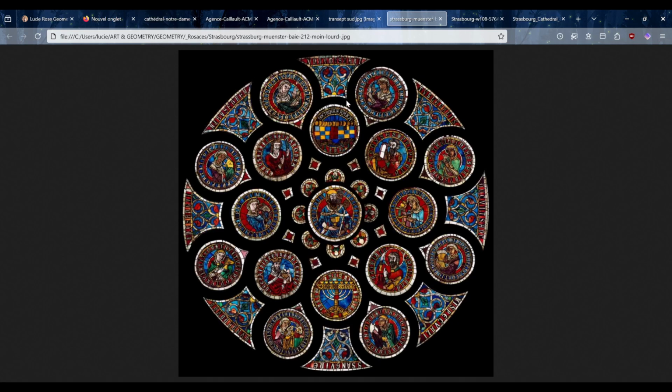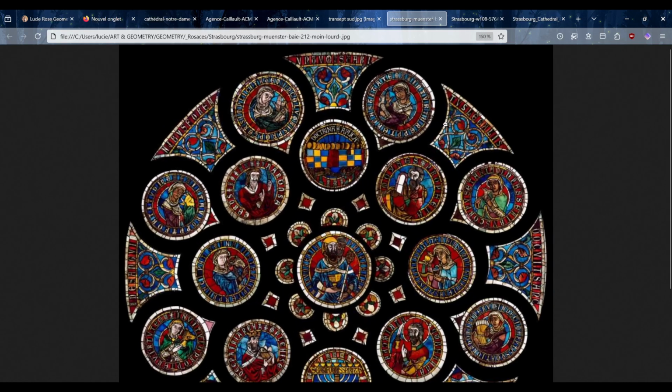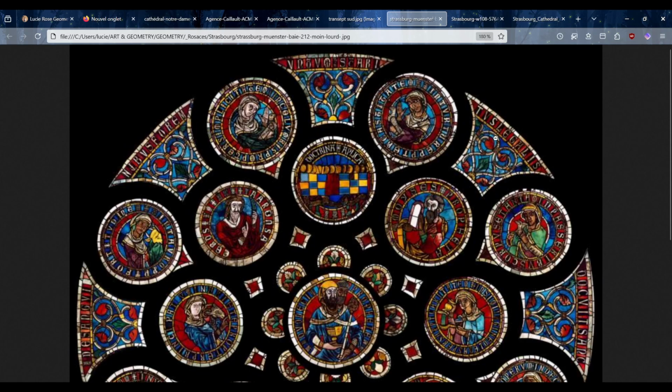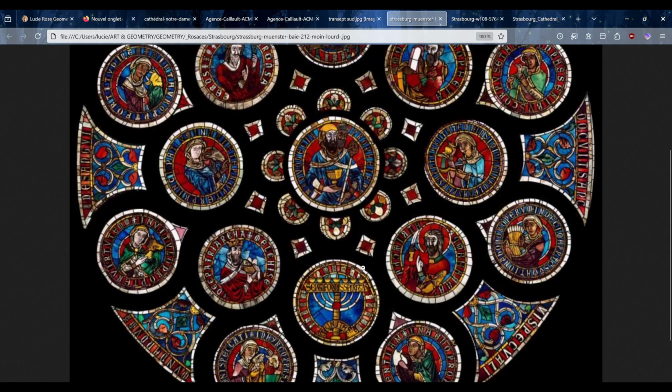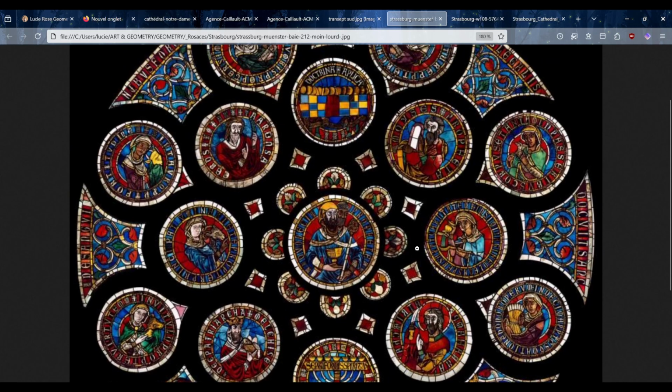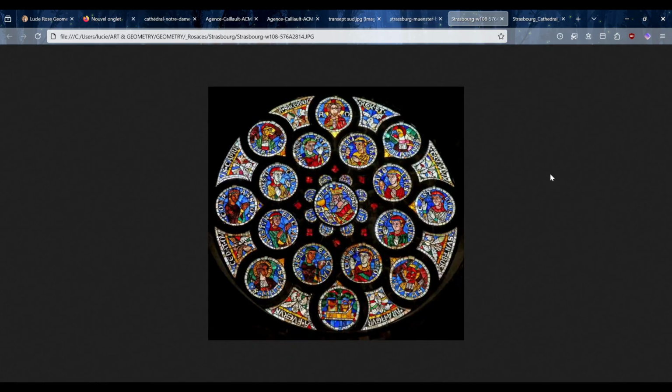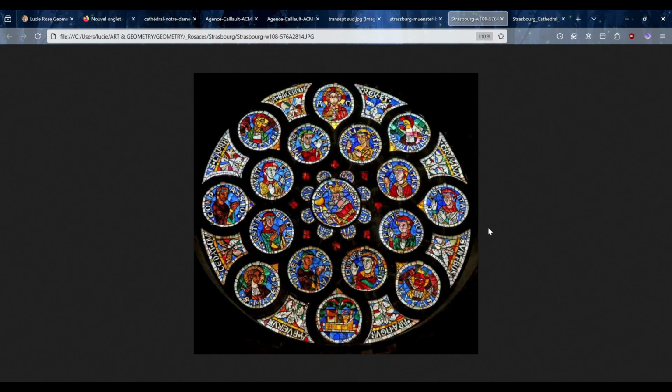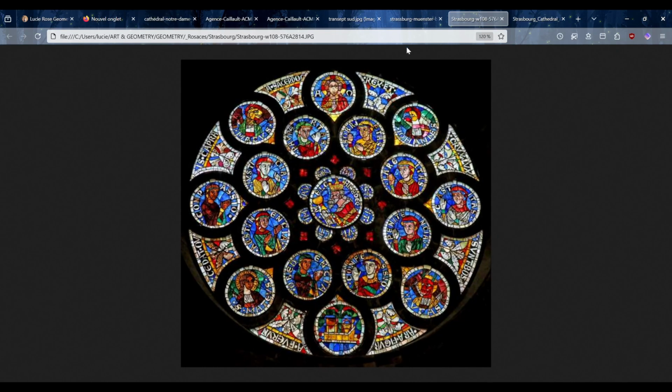Usually you wouldn't leave a shape like this empty in Gothic architecture, but I like the little foliage they've done, and they've used the longer space for writing, so it's nice to still have a look at what's going on in the stained glass. And that's the other one, very blue.